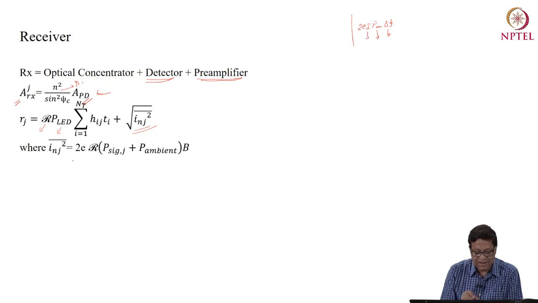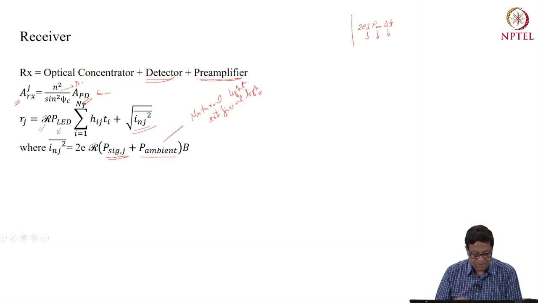On similar lines, this noise contains two components. One is because of the signal to the jth receiver, and the other is ambient, which is natural light, and any other artificial light present in the room. So there will be interference or noise from these two contributions also.